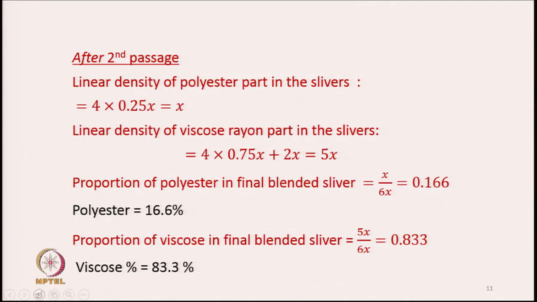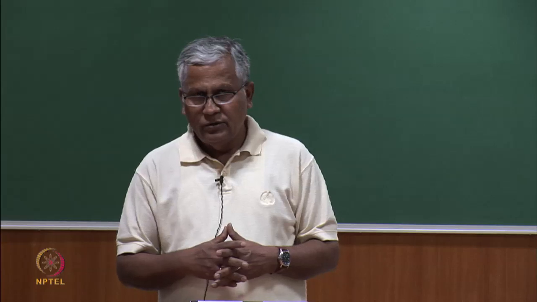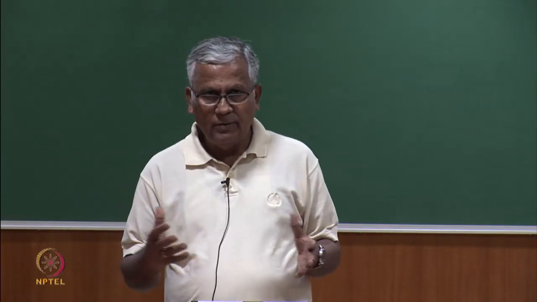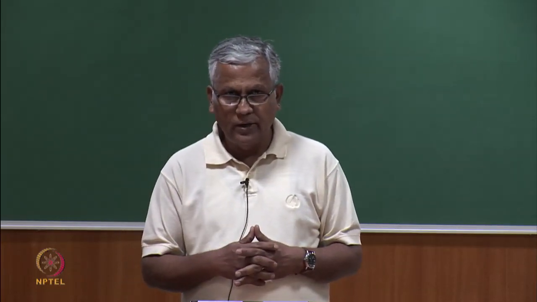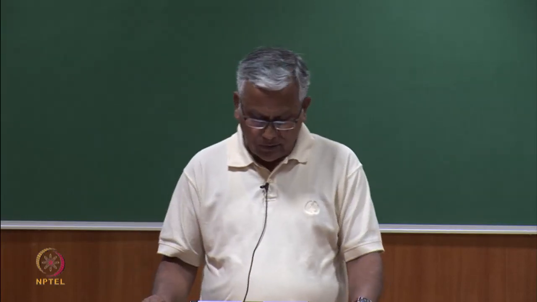So, if I feed 4 slivers, the total linear density of the polyester part is going to be 4 into 0.25 into x, that is going to be 1x, because each PV sliver is containing 0.25 proportion of polyester, and if I feed 4 of them together, they will have a total linear density of 4 into 0.25 into x. So, it is going to be x only.